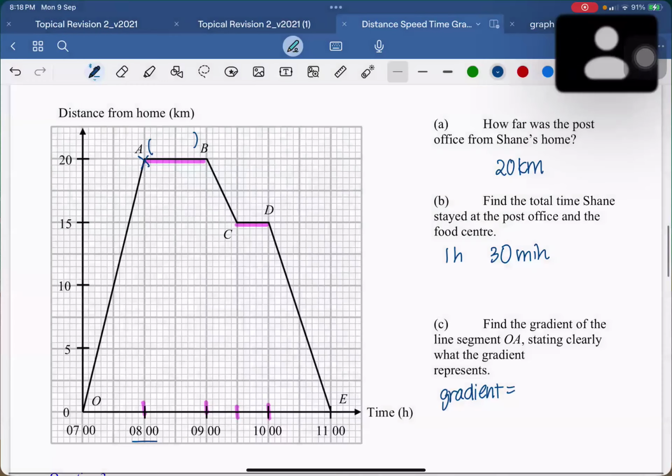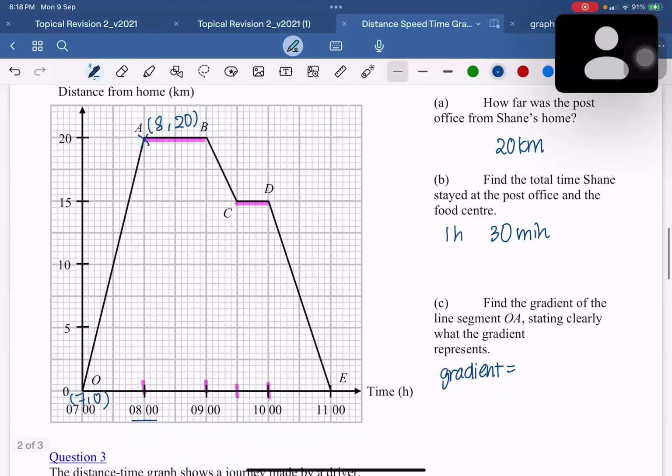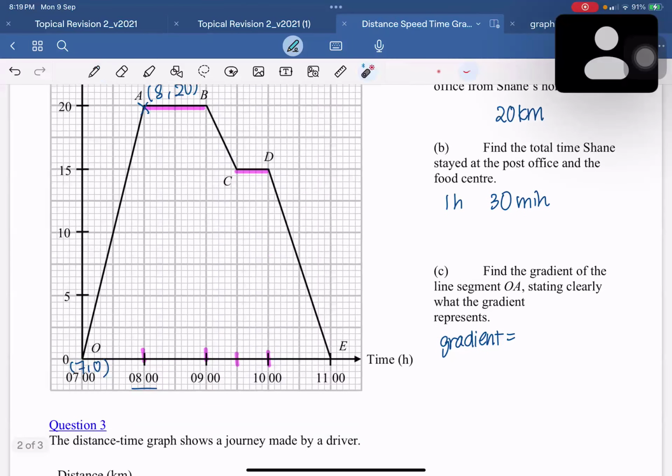This timing here is 8 o'clock. The distance is 20. The timing here is 7. The distance is 0. So we take the gradient, the height, or rather in this case, we find a triangle.